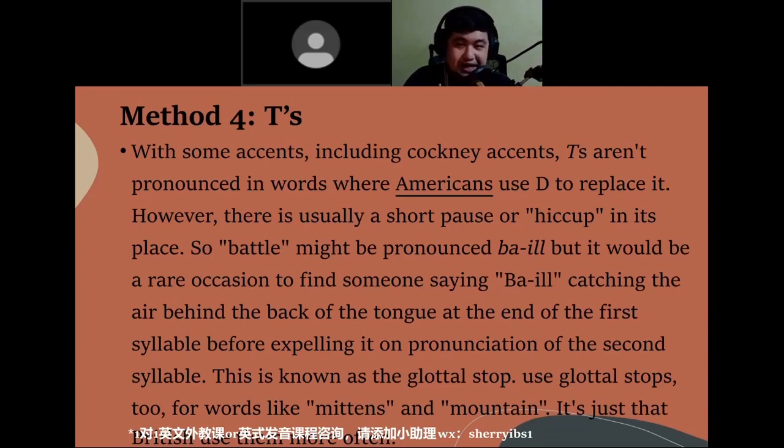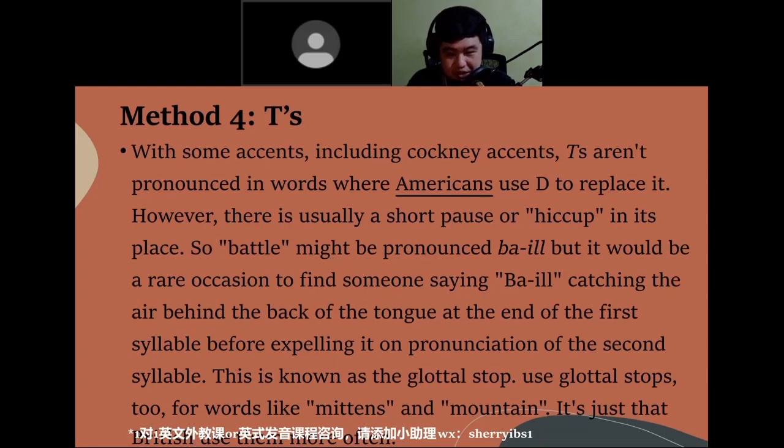Kittens. If you watch some British actors, you can notice whether they use the glottal stop or remove the T, and from that you could tell where they live or where they originate. For words like mittens and mountains, it's going to be the glottal version.